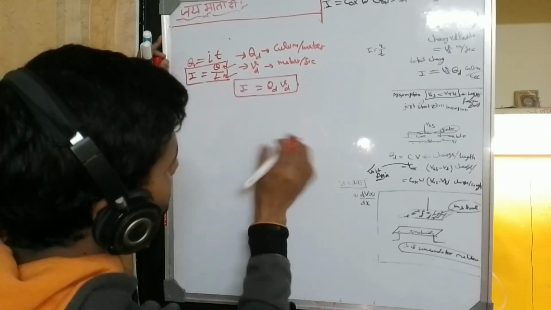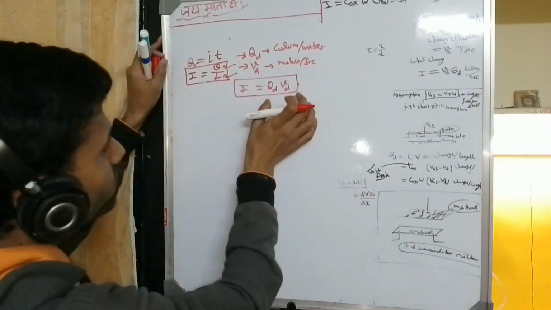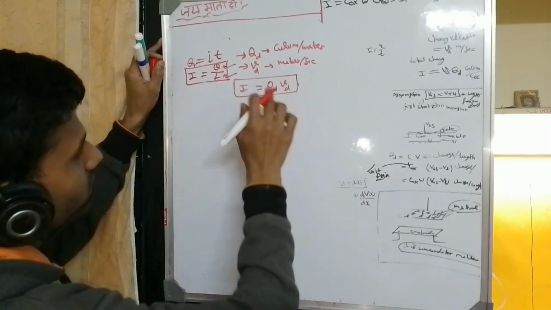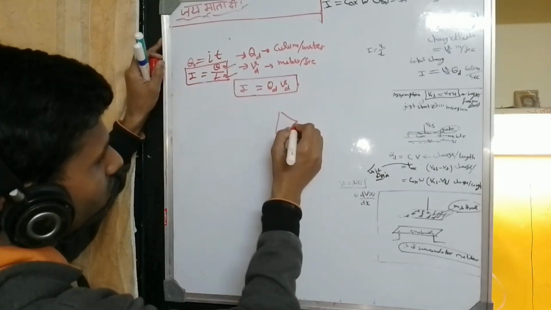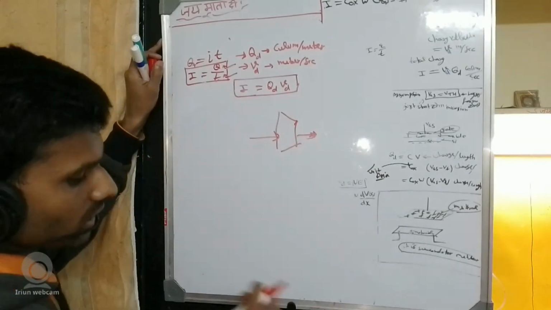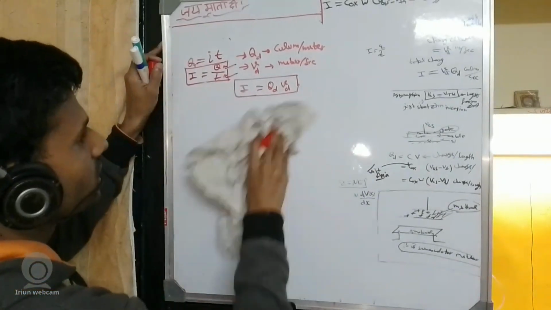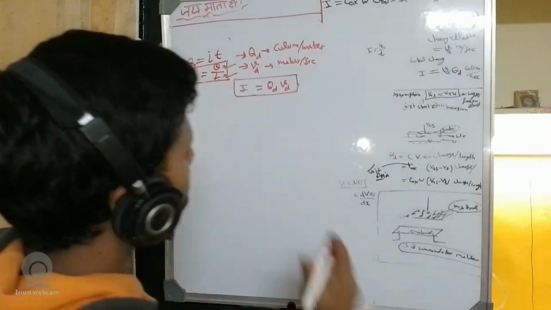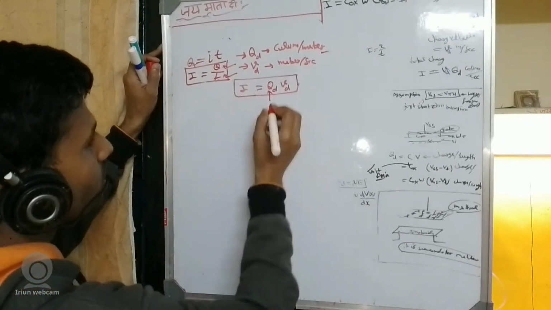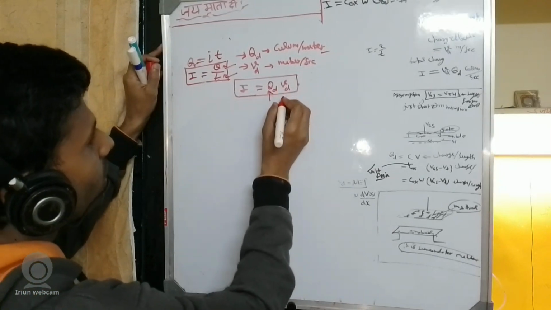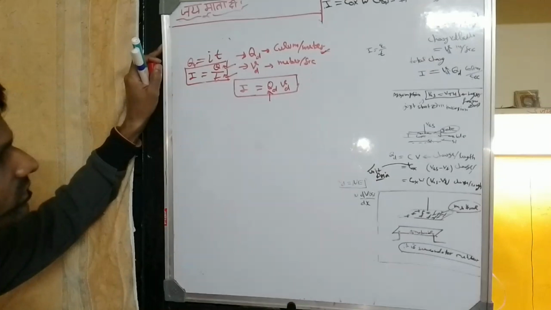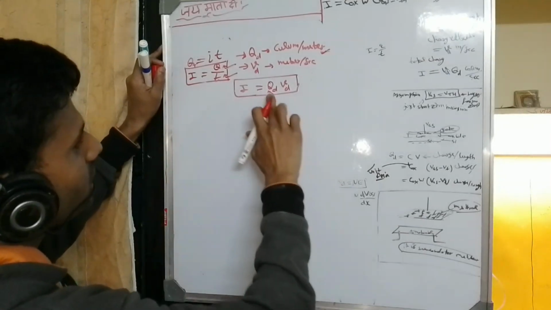Because that much charge will go from here to here in per unit second, in this frame, this is nothing but a current. So for the current, we need the charge per unit meter, meaning total charge per meter, and the velocity of the charge. So how will we find the charge?